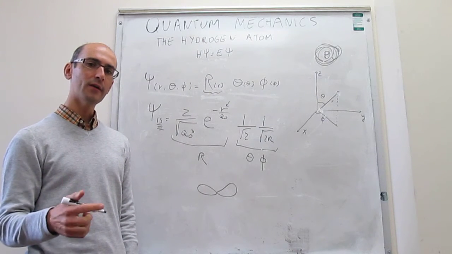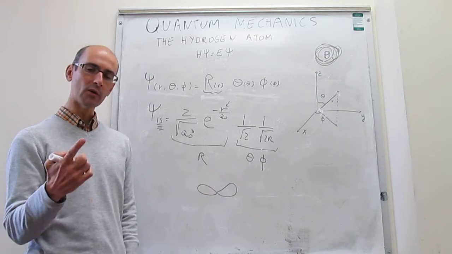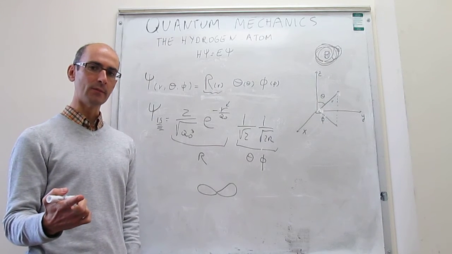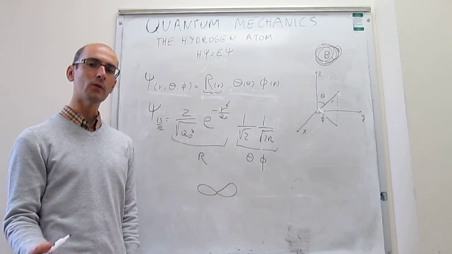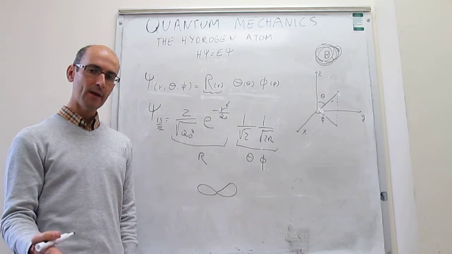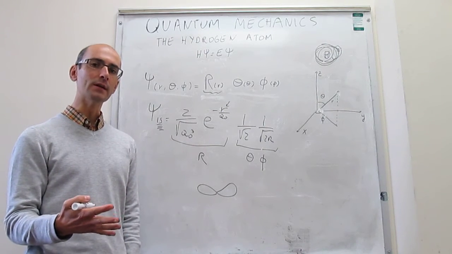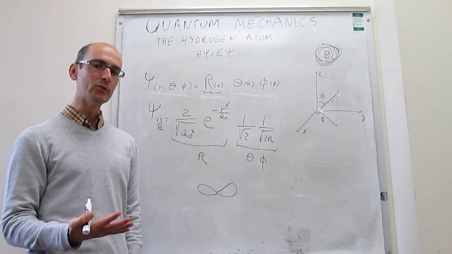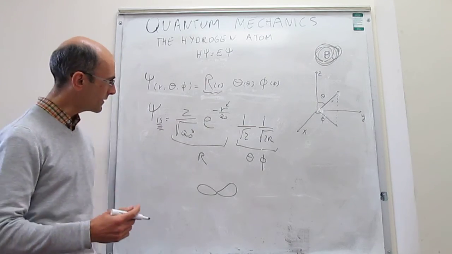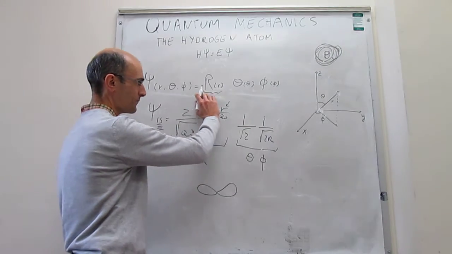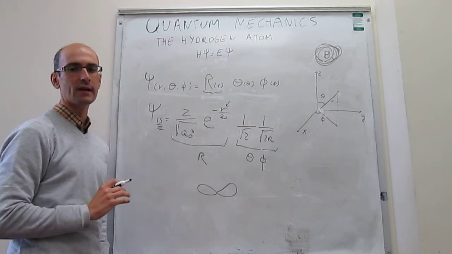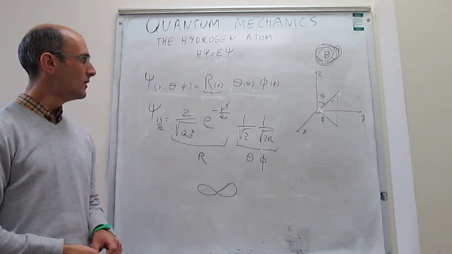As such, they have two things that you have to worry about. One of them is the energy, which you have examined in a different video, and the other one is the wave function. The wave function by itself doesn't tell you much, but if you square it, then you can obtain probabilities.